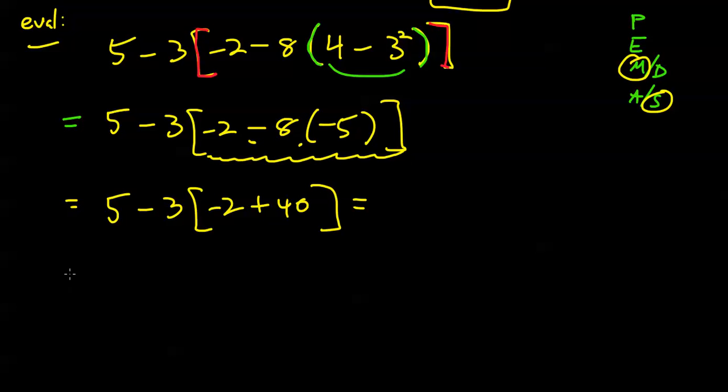Now notice there's a common mistake here. Maybe too many people would do 5 minus 3 next. This is actually the last operation according to your agreed upon order of operations. So I'll do this operation next: minus 2 plus 40, 5 minus 3 times 38.